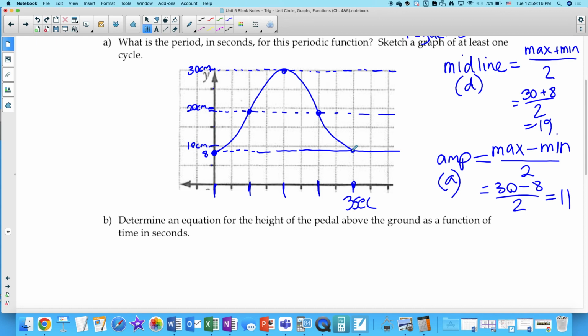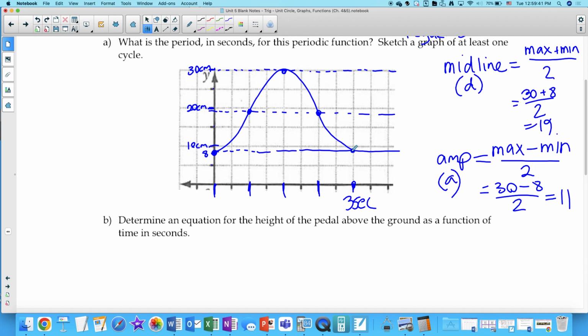Number one, are we going to use sine or cosine? And number two, depending on which one we use, we have to think about whether there's either a reflection or a horizontal shift, a phase shift, or perhaps both. There are multiple ways that you could do this. I think someone said cosine.